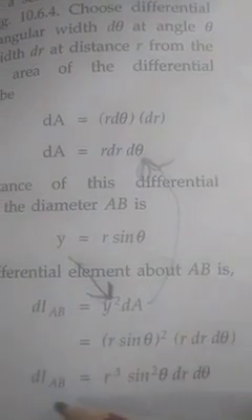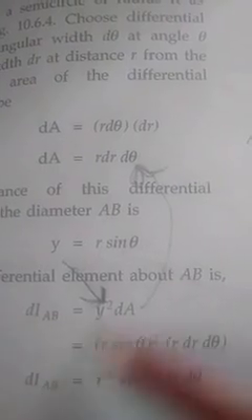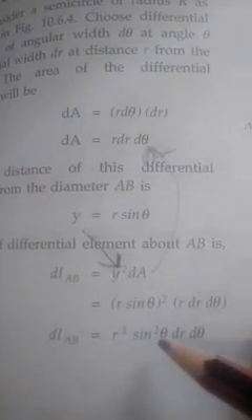Now integrate on both sides. AB is the reference axis, so we are doing it with respect to AB, so I am writing dI AB. Then it is r cube sin square theta dr into d theta. Next, you do the double integration.